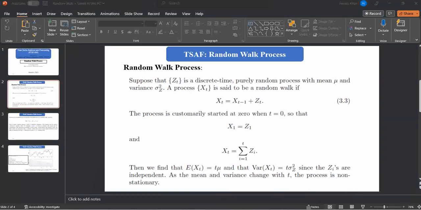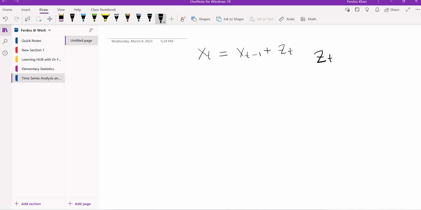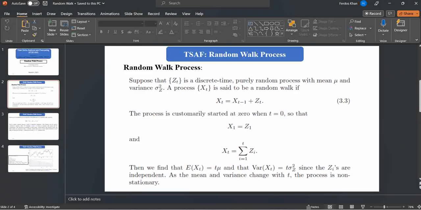Now it says that if the process starts at t equal to 0, this means that the process customarily starts at 0 when t equals 0, so that X1 equals Z1.